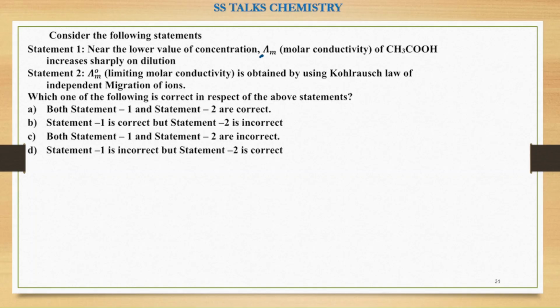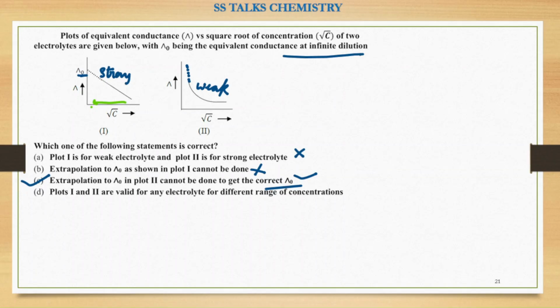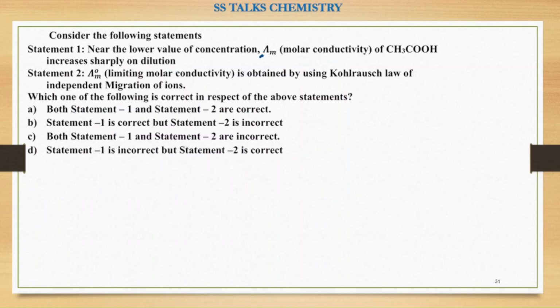From the two curves that we have seen now, for the strong electrolyte and for the weak electrolyte, for the weak electrolyte at the lower value of the concentration you observe a sharp increase in the conductivity for acetic acid, that is your weak electrolyte. The reason is that on dilution the number of ions increases. So this statement is the correct one.